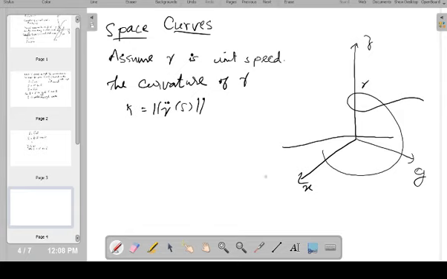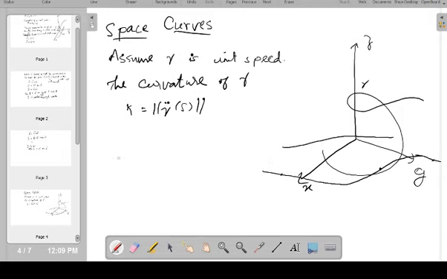But suppose you have something like this, here the curvature is equal to 0, here also, here also, but this is not a plane curve. So at certain points curvature is equal to 0, but this is not a plane curve.